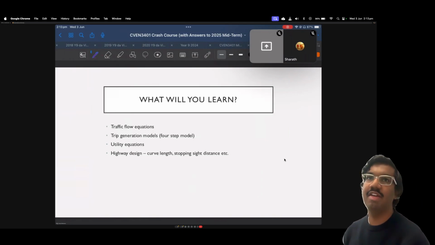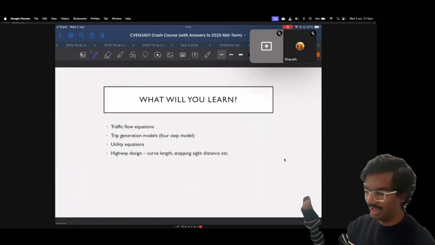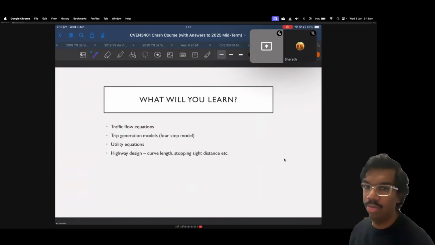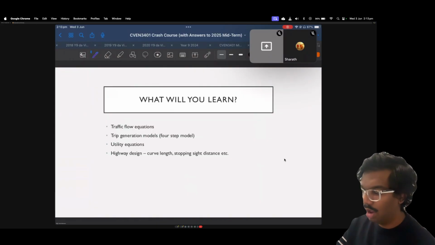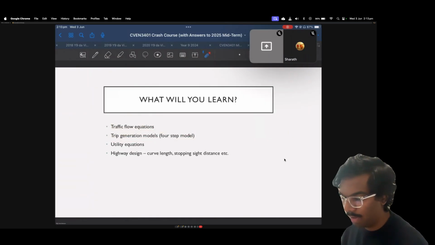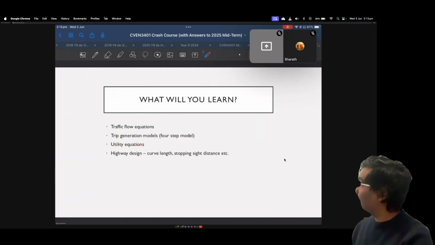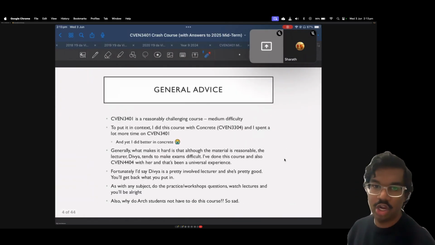And if you really like transport like I did, there are elective courses that will dive more into each of these. For example, CVEN3401 dives more into that, and then CVEN9401 dives more into that one, and also the 2 middle ones.